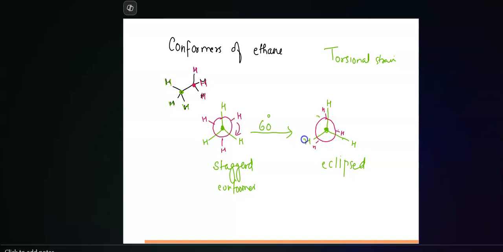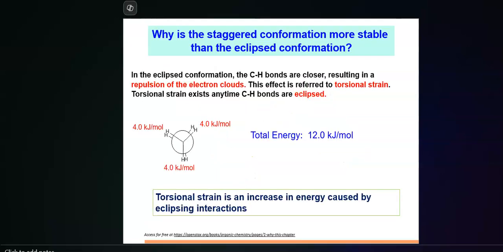The difference in energy from the staggered to the eclipsed is about 12 kilojoules per mole. So the staggered is more stable than the eclipsed by about 12 kilojoules. And that is what we are seeing in this energy diagram.